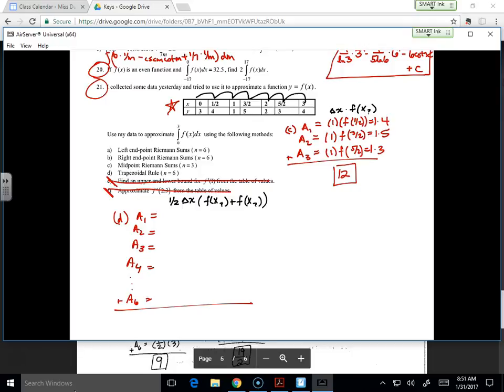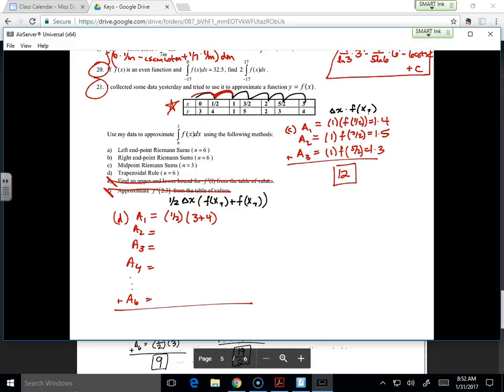What's the base of the first one? 1/2. Who are the heights on either side of the first one? On either side, they have 3 and 4. Can I just skip the whole f of thing above? So we're going to have 3 plus 4. Okay, the next one.